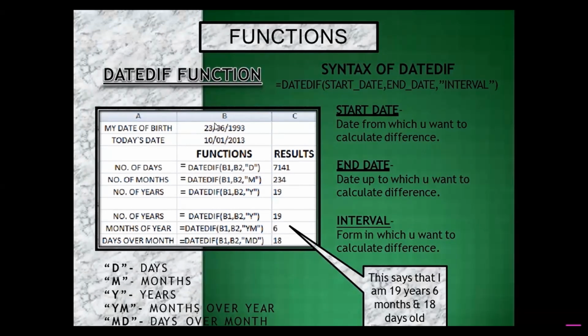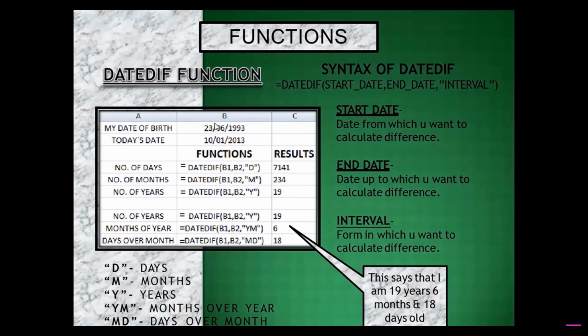Then months of years. What is that? YM. And after the years are completed, we will use MD. This one year is completed. After completing this year, how many months are completed? This is YM.